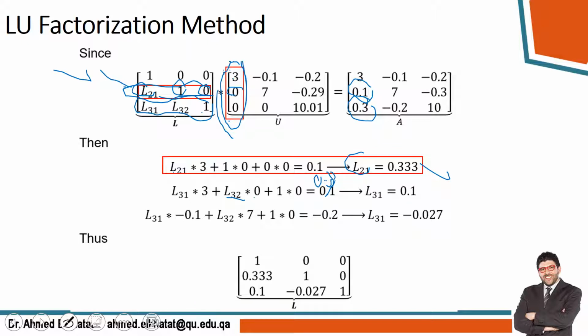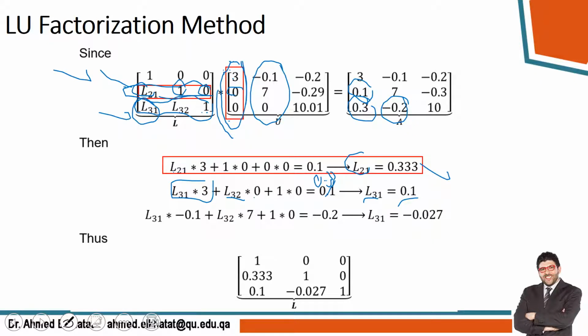Then we can find L31 equal 0.1. Now, if we multiply the same row by the second column, we should get this one.